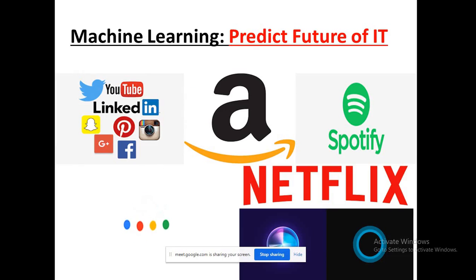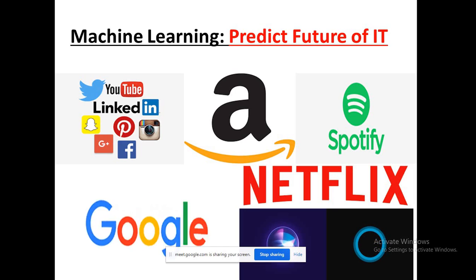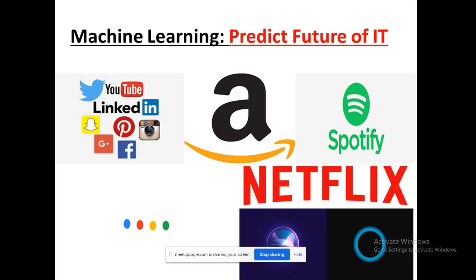Here are some more examples. We use machine learning in our daily life with many applications, from morning to when we go to sleep. In between we use different apps and different platforms which use machine learning. So here are some examples of real time machine learning applications that I would like to highlight.